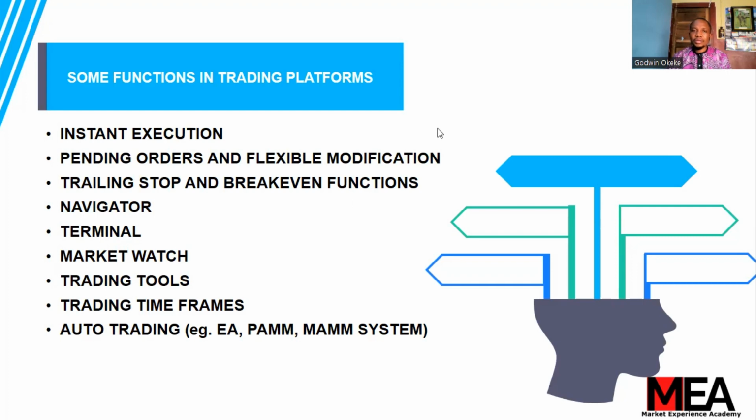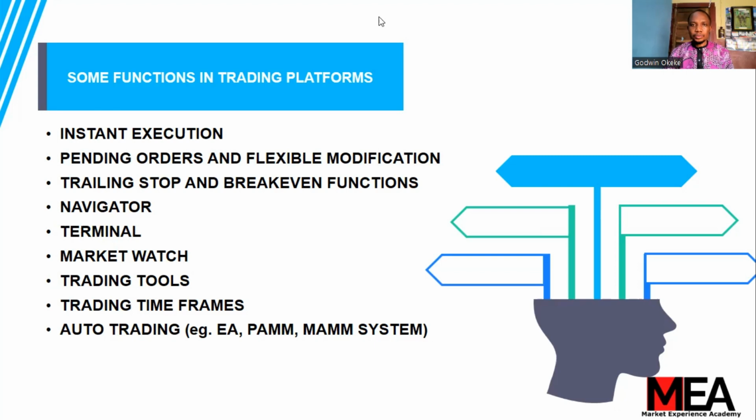So I will be swapping through the share button to show you an example of instant execution in the platform, so that the whole teaching is not so abstract. If I pick up one of the points, I will show you on the MetaTrader platform, the PC version of it.